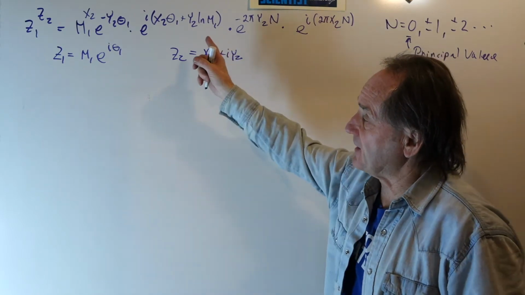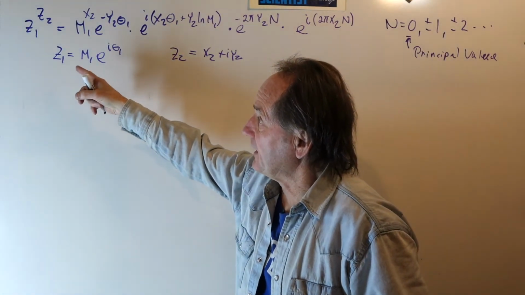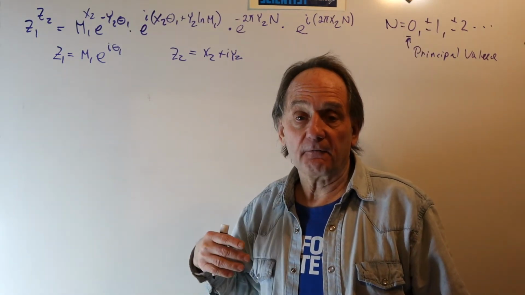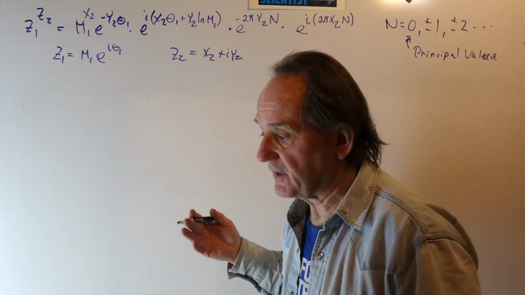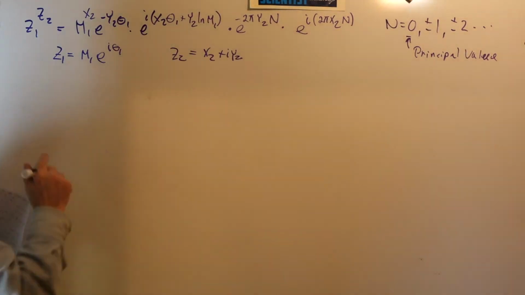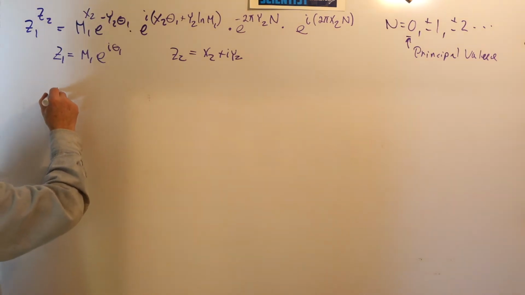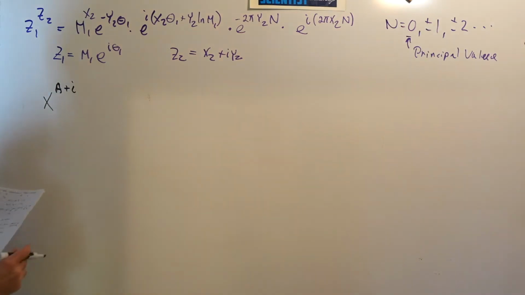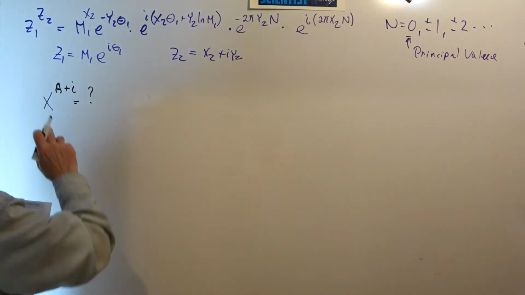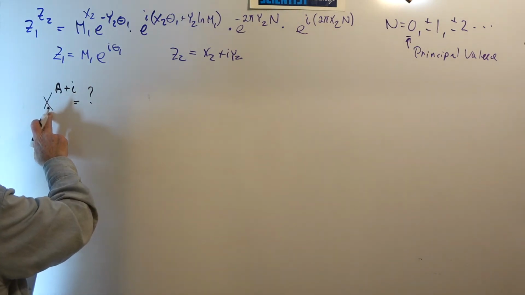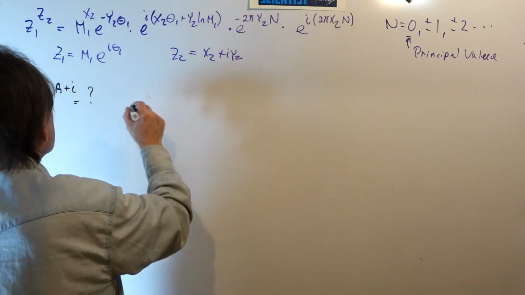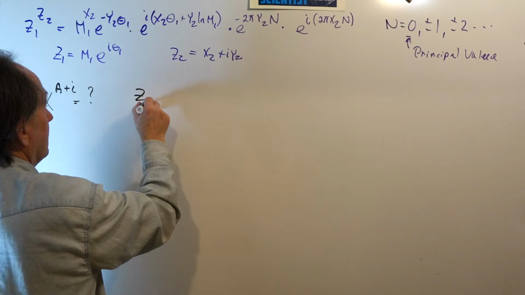Let's now use our expansion for the complex number raised to a complex power for finding the value of some complex numbers raised to a complex power. Suppose we have x to the a plus i. What's this equal to? Well, the first thing we do is we need to express the base in exponential form and the power in rectangular form. So the base, x, is our z1.